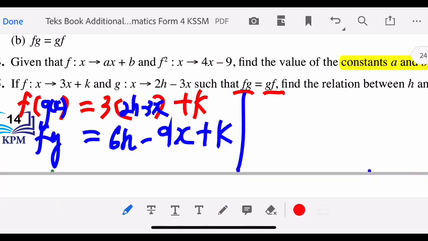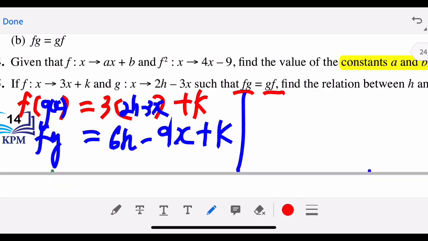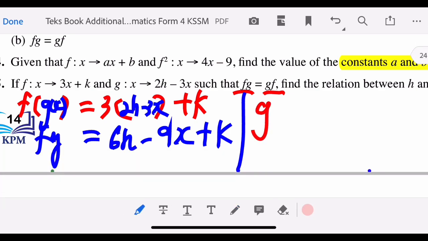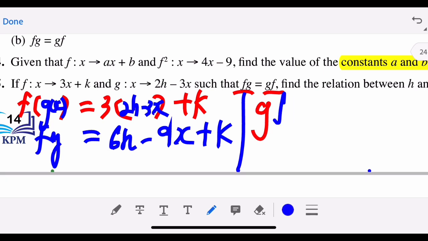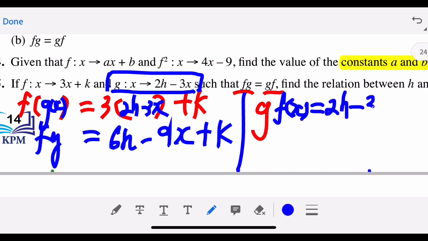Okay, now I'm going to do GF. If I do GF, that means G is the function, right? And the object will be Fx, right? So I'm going to copy down the G. If G of something is 2h minus 3 something, and the something will be Fx.